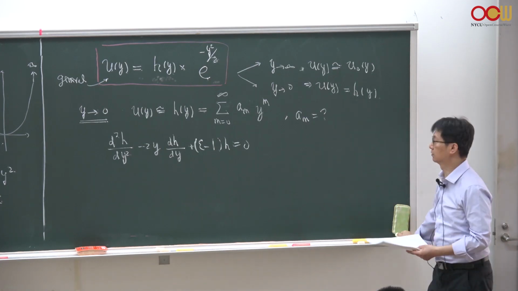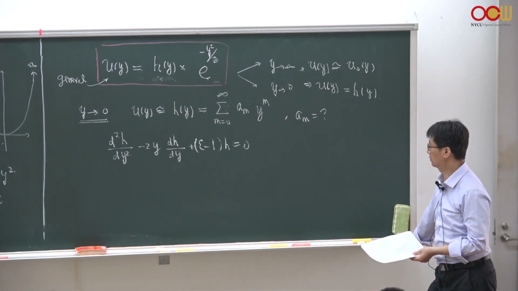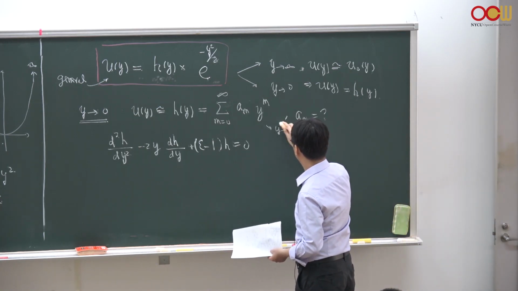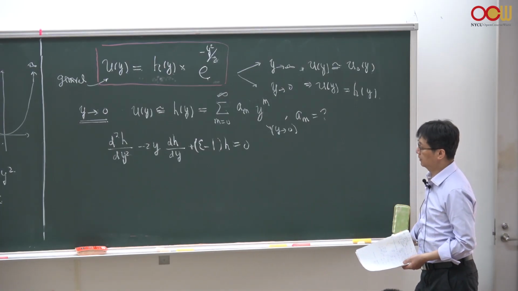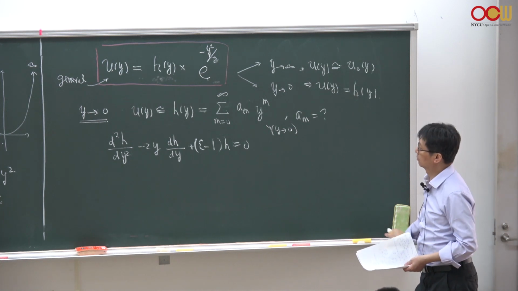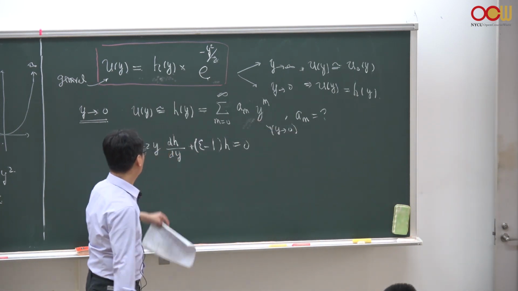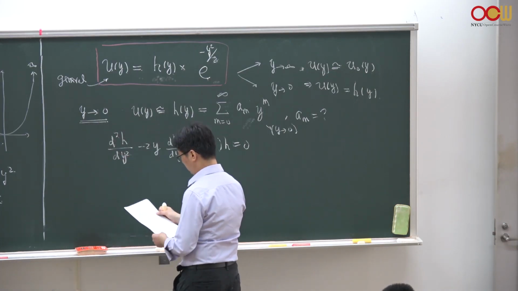So again, this is another guess. When y goes to 0, you could assume that this polynomial could be a good way to express this h of y. So you plug in this polynomial assumption of h of y back into this equation for the h function.